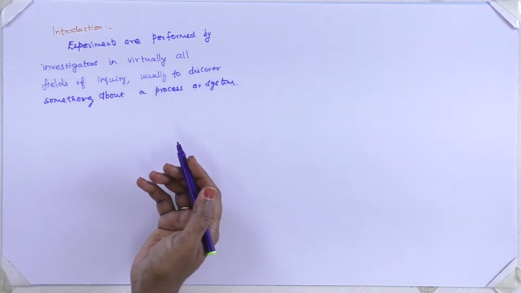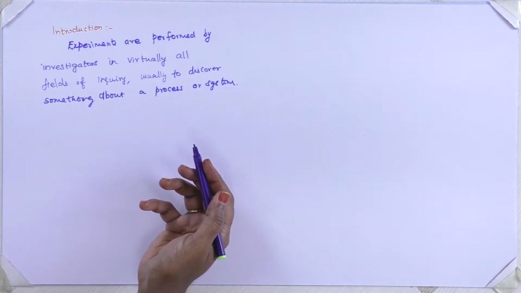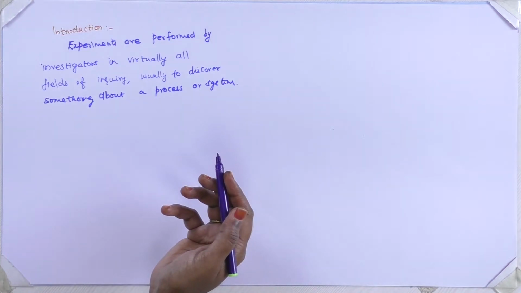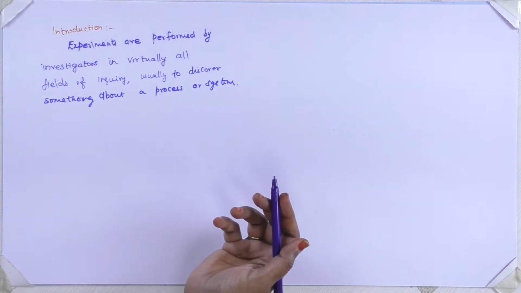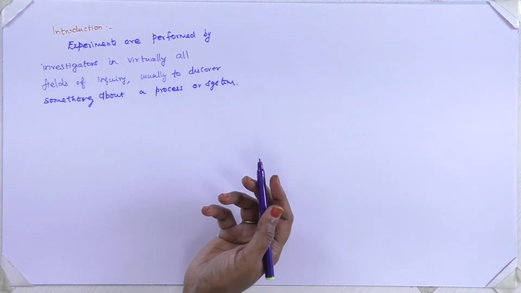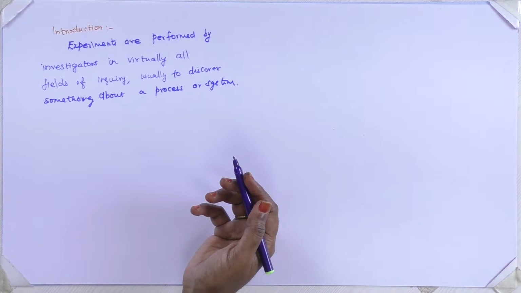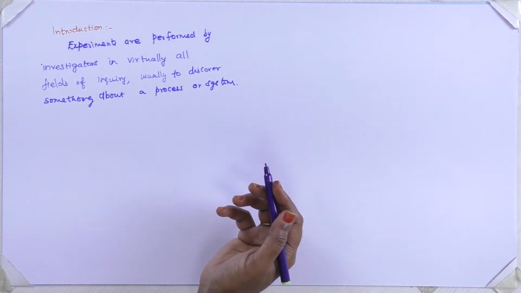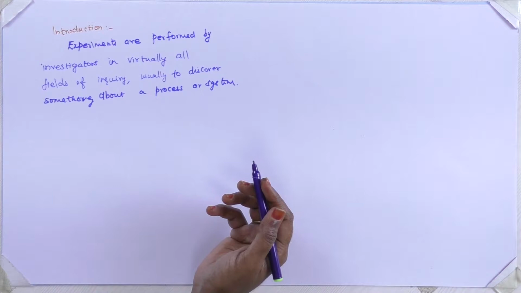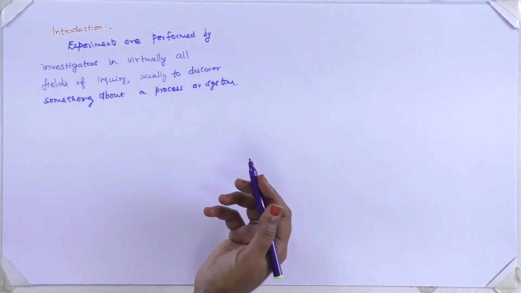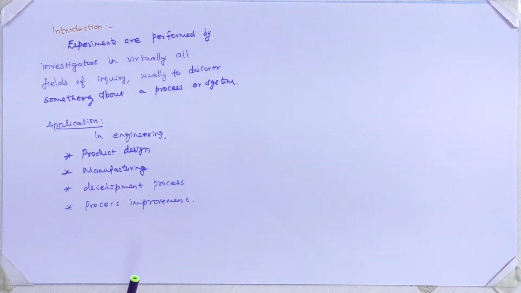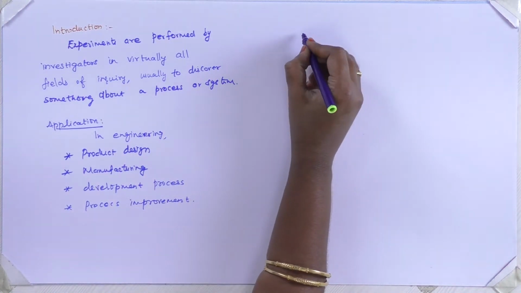We can define an experiment as a test or a test series in which purposeful changes are made to the input variables of the process or system, so that we may observe and identify the reason for changes that may have occurred in the output response. The design of experiment includes the following categories.